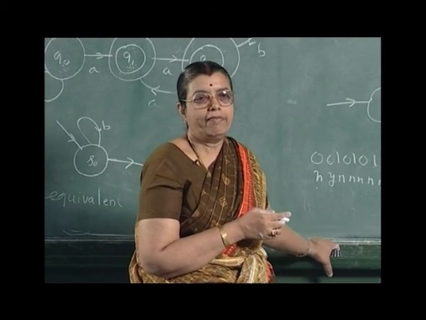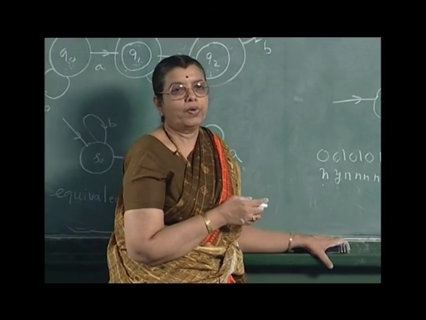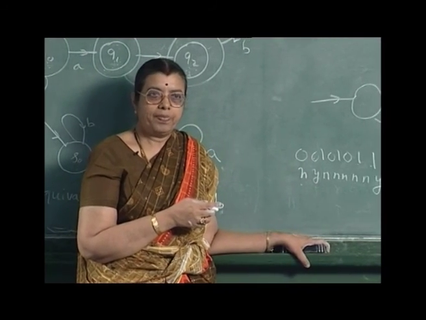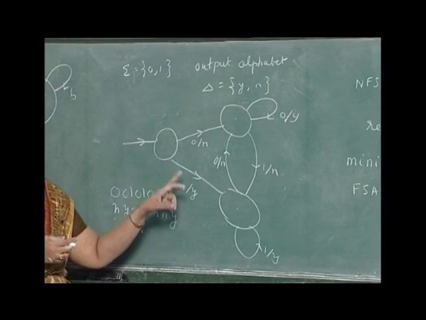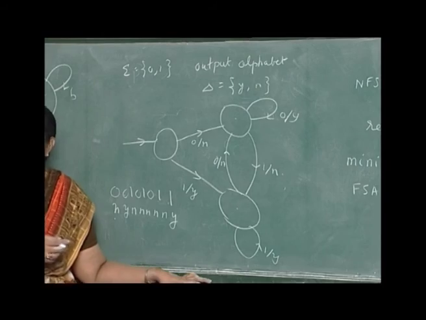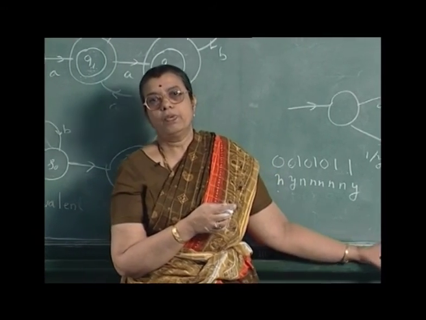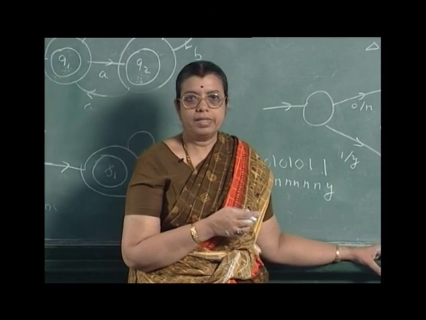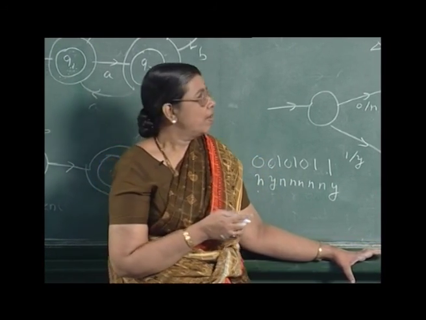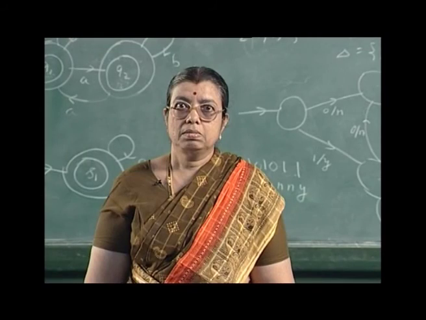You will require 5 states for that if you want to look at it as an acceptance device. Whereas, making use of outputs, you are able to reduce the number of states to 3. Here again there are 2 types of machines called Moore machines and Mealy machines. This is called a Mealy machine.